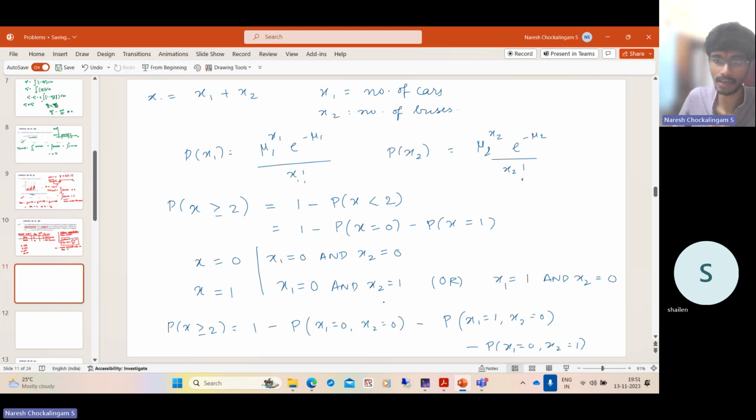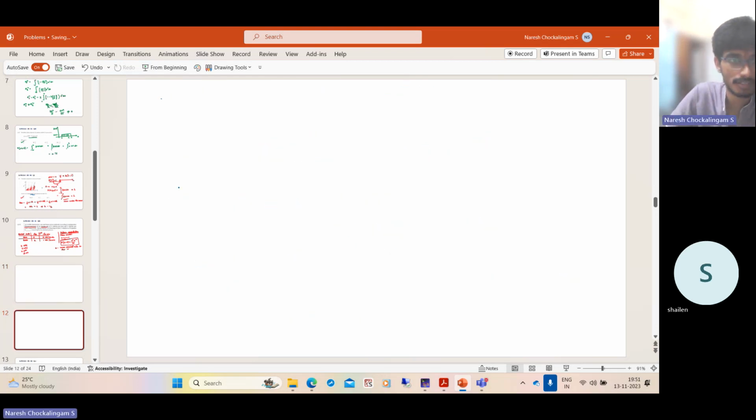Now it is given that these processes are independent. Therefore, P of x1 equal to 1, x2 equal to 0 is nothing but P of x1 equal to 1 multiplied by P of x2 equal to 0.